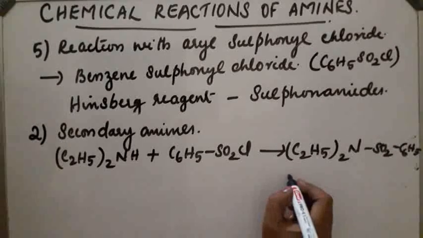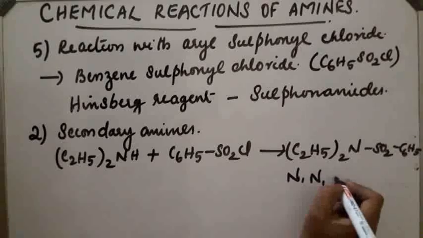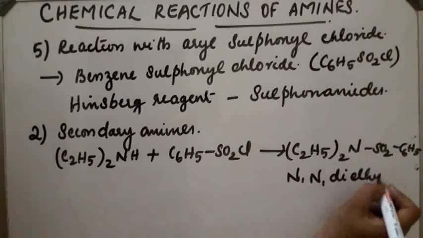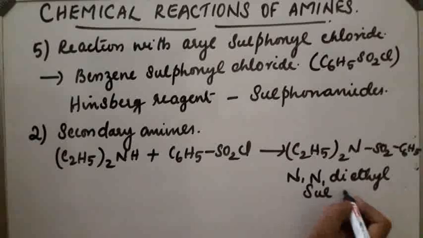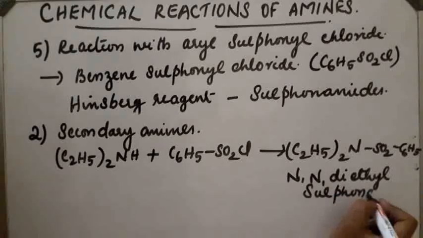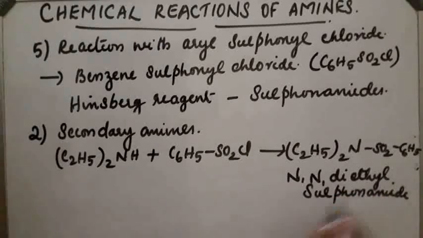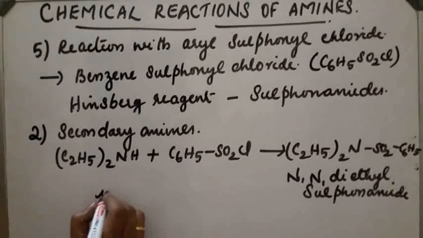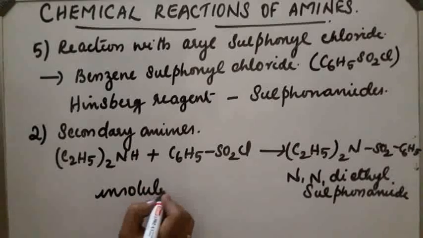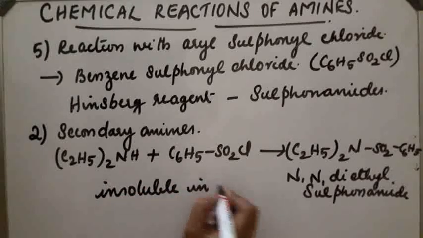So the product will be N,N-diethyl benzene sulfonamide. If we add alkali, the product will not be soluble in alkali. That means the product does not contain a hydrogen atom attached to the nitrogen. It is not acidic and it is insoluble in alkali.